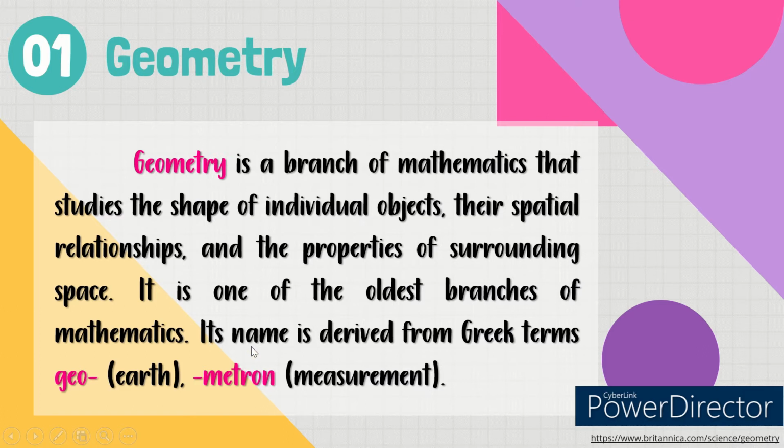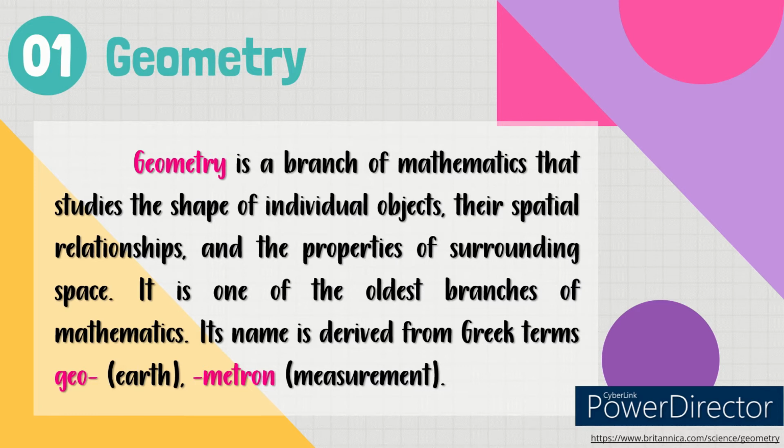Did you know that its name is derived from Greek terms geo, which means earth, and metron, which means measurement? Together, it means earth measurement. Eventually, it was realized that geometry need not be limited to the study of flat surfaces, or what we call plane geometry.